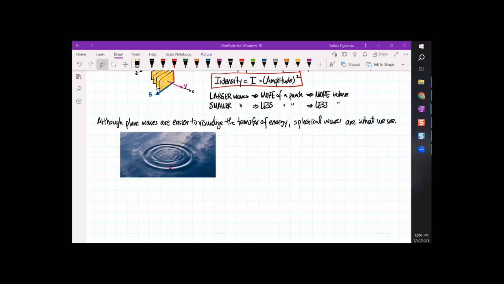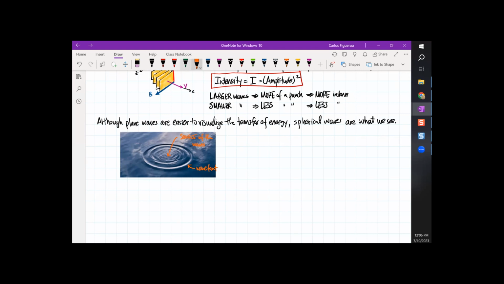If we drop a rock in flat water, the spot where you drop it is the source of the waves. What goes out is the wavefront that emanates from that point.